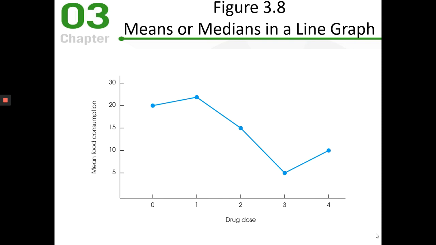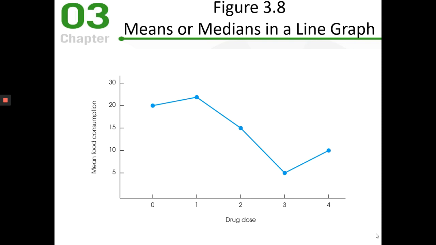So 0 milligrams, which would be a placebo, 100 milligrams, 200, 300, 400 milligrams. So we have basically a ratio scale down there. And this is why we connect the lines, because they are connected. They're ratio scale, or even with interval, we could do this.